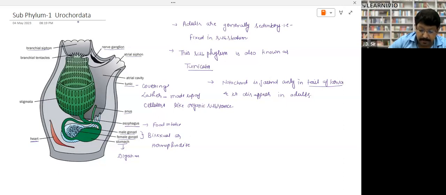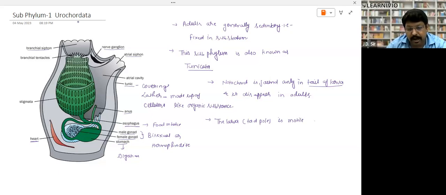Next point. The larva is called tadpole. The larva or tadpole is motile, means it is more advanced than the adult.